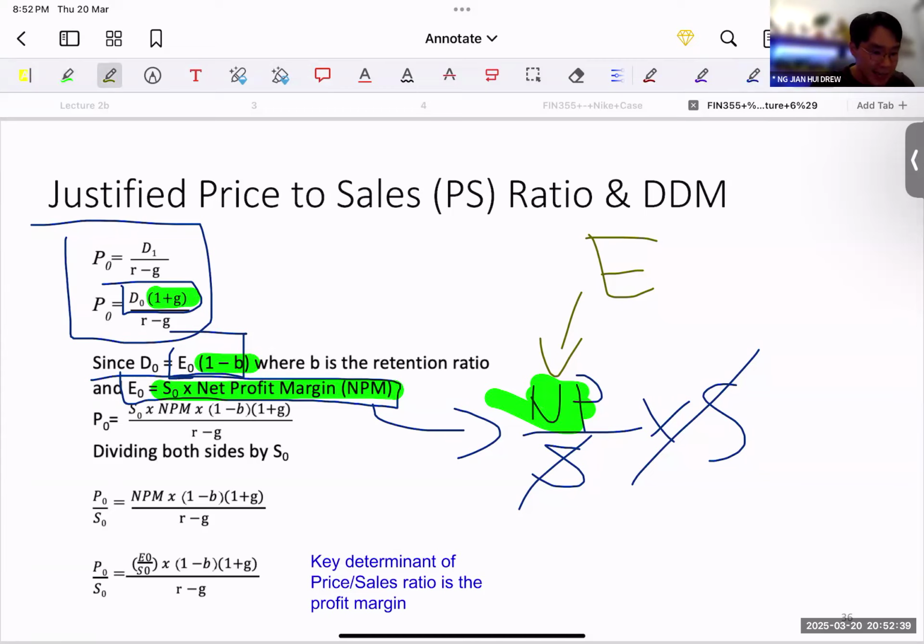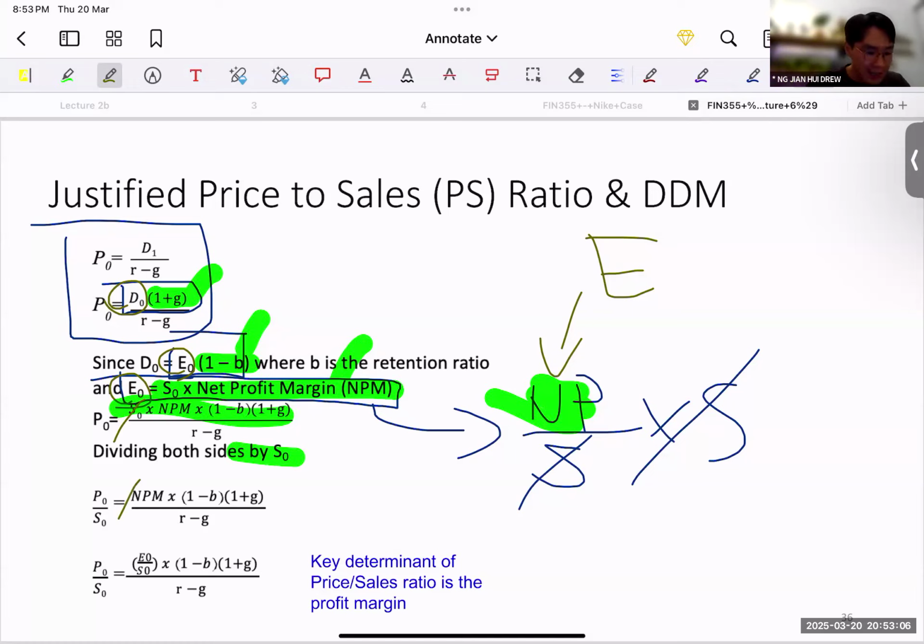Because these are the figures I'm using here, here, and here. So these are the three things I need to pick up, 1, 2, and 3. If I pick up all these three, I have this on the numerator, and I divide both sides by sales, and because I divide by sales, this sales gets cancelled off, it disappears.